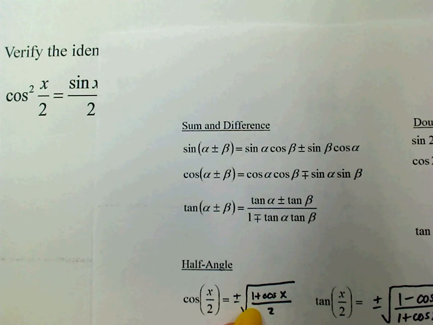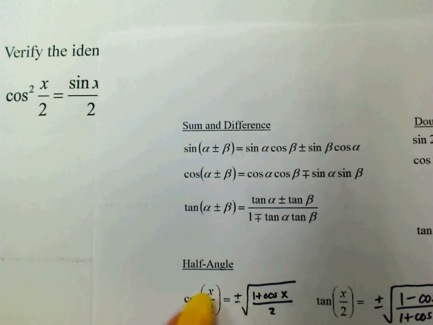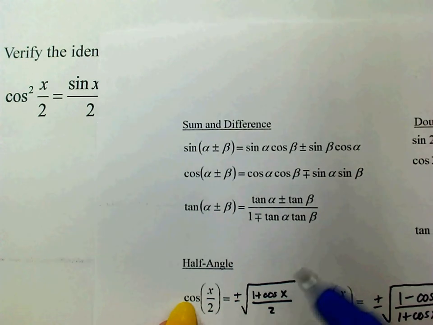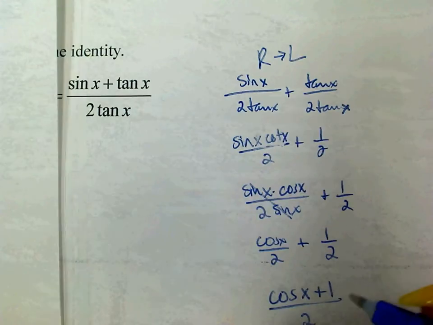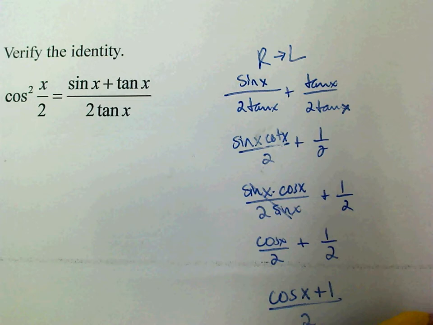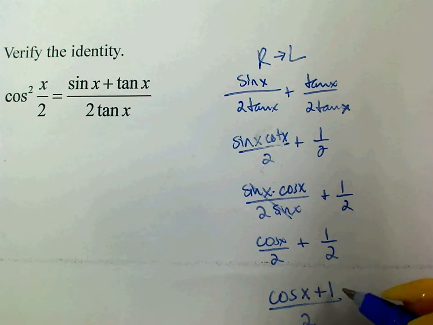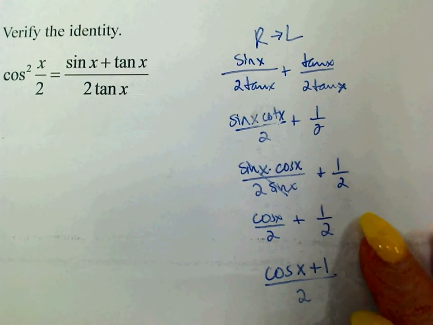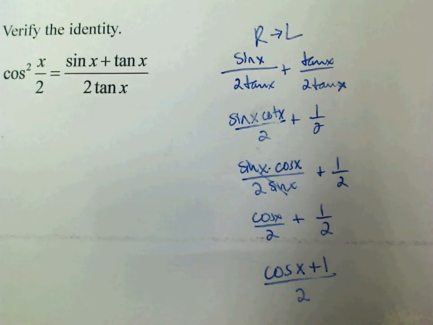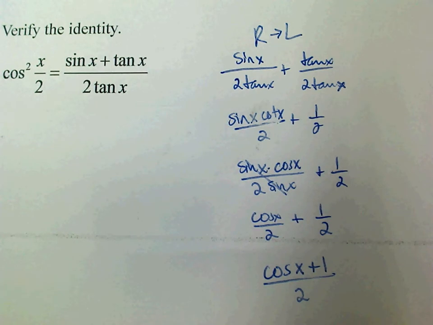So if I've got 1 plus cosine divided by 2, and I square it, cosine of x divided by 2 equals the square root of this. So cosine squared will just equal that.